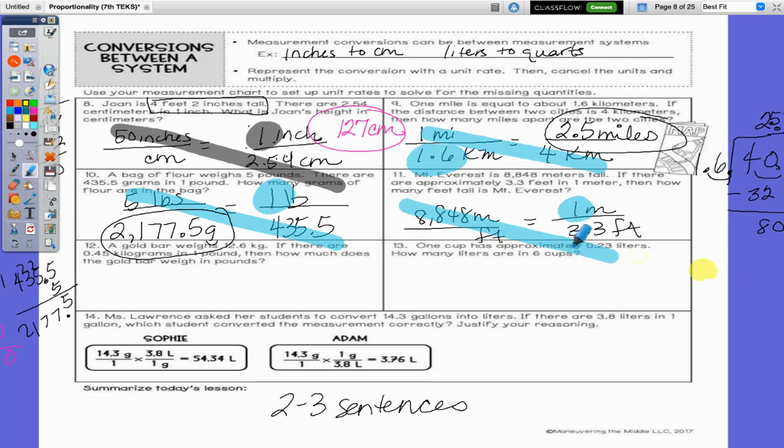Off to the side, you will do 8,848 times 3.3. When you solve that, we get 29,198.4 feet. You're doing 12, 13, 14, and give me my 2 to 3 sentences.